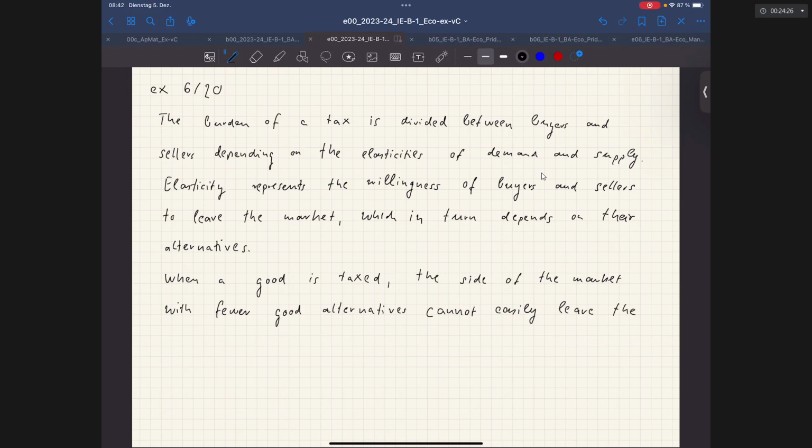This means if I have fewer good alternatives, I cannot easily leave the market. I have to stay within that market, and that's why it bears more of the burden of the tax.